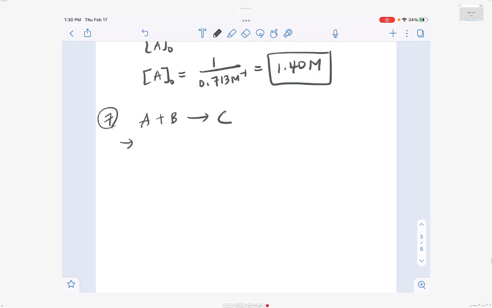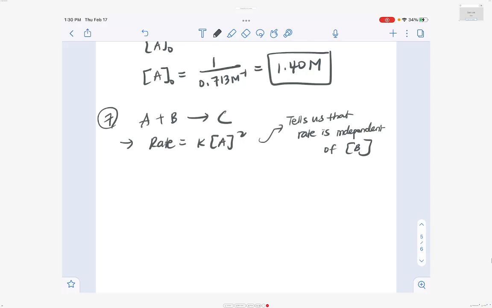The given information is that the rate is the rate constant times [A] to the second order. So this tells us that the rate is 0 order in B. The rate is independent of the concentration of B.